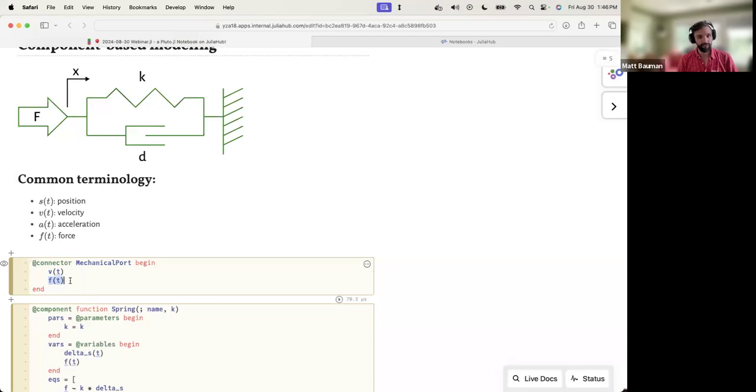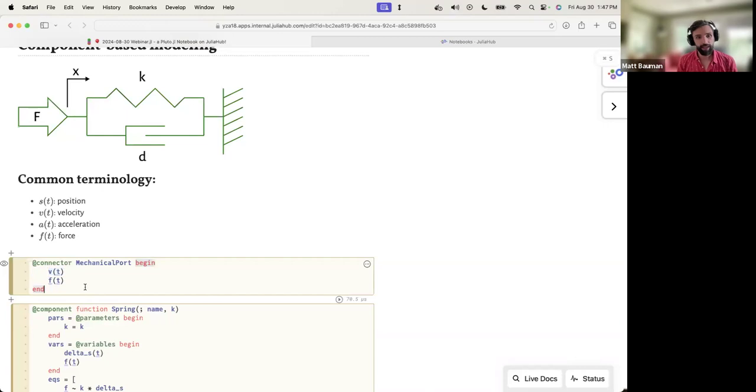You need to have a zero net force across any connection. And if you have a force that is not zero, well, that means that you're going to break something, right? Like that port has broken if there's a non-zero force. So we need this force to always be zero, whereas the velocity on both sides of our port needs to be the same, right? So the sign of these things differs.